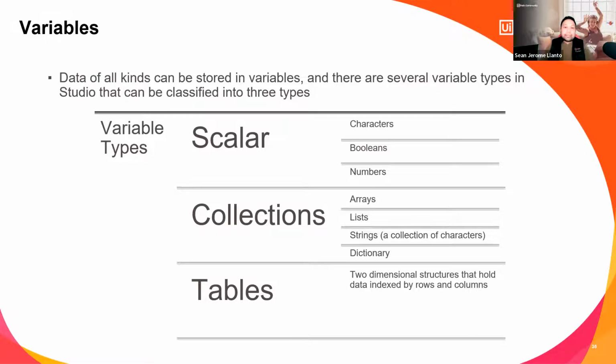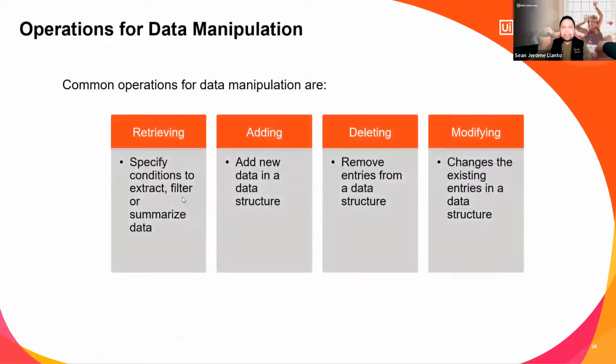You have characters, booleans, numbers. You also have arrays, lists, dictionary is one of the most common ones as well, and strings, as well as data tables that we are actually commonly using. And I believe this was discussed in the previous session, so I won't go into detail on these ones, but feel free to raise some queries in the chat box if there are some.